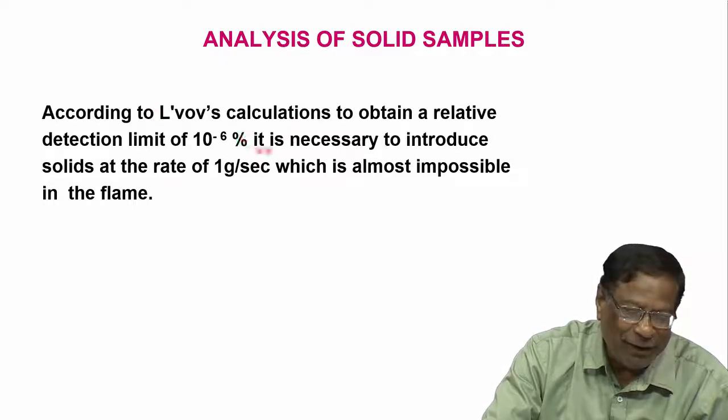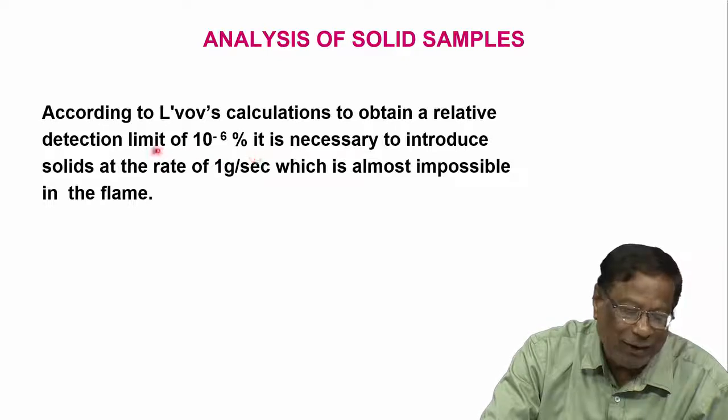According to Labov-Trans calculation, to obtain a detection limit of about 10⁻⁶%, that is almost the 10 raised to minus 9 range, it is necessary to introduce solids at the rate of 1 gram per second, which is almost impossible in the flame.